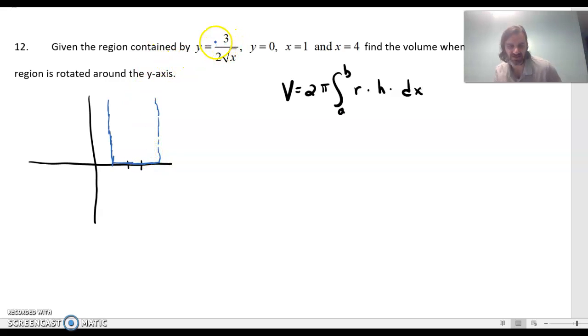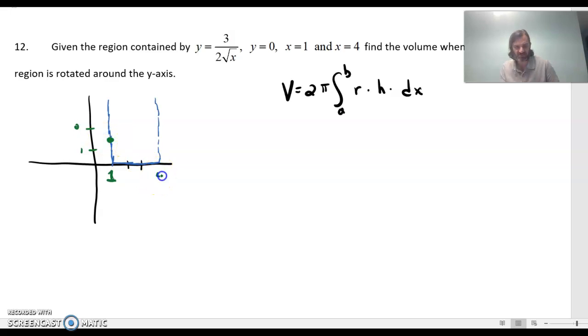We probably don't really know what 3 over 2 square roots of x looks like very well. But we do know it's going to go from 1 to 4. And the square root is going to be positive, so it will never go below the x-axis. If I plug in 1 for x, I would get 3 halves. So here's 1, here's 2, so 3 halves would be somewhere in here.